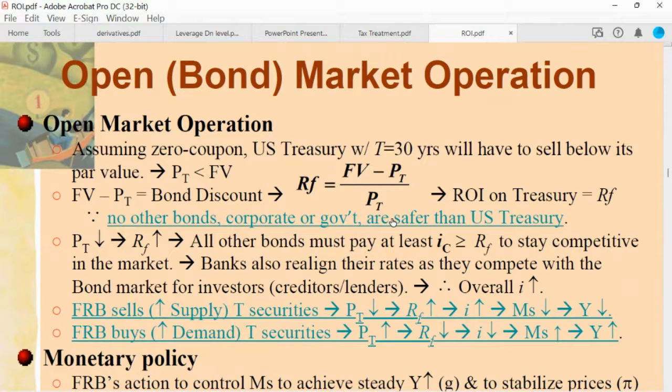FDIC is Federal Deposit Insurance Corporation. So that means FDIC is the insurance company for commercial banks. So your deposit is insured up to 250,000.